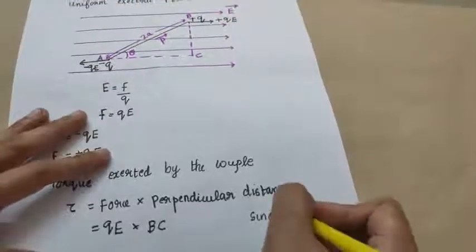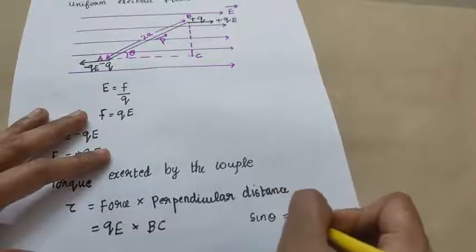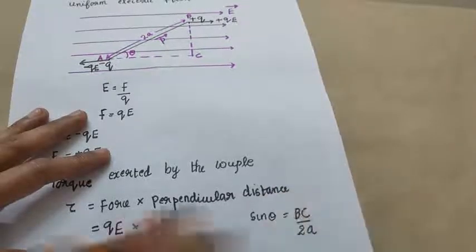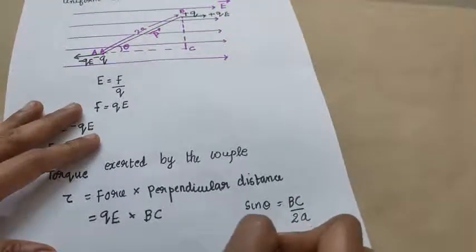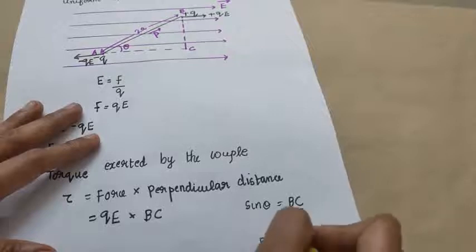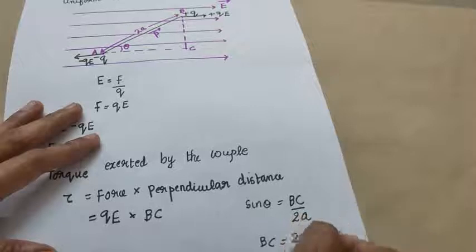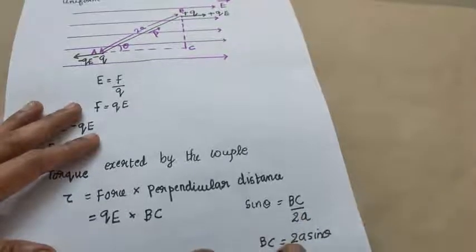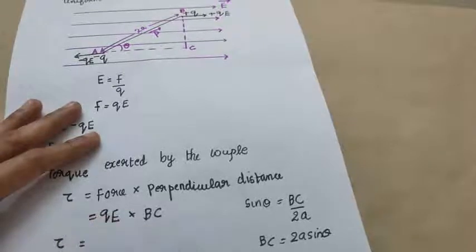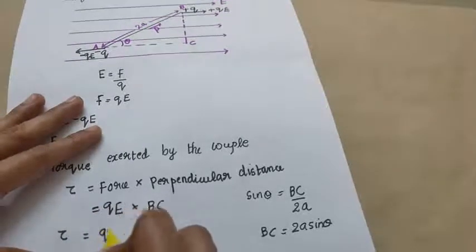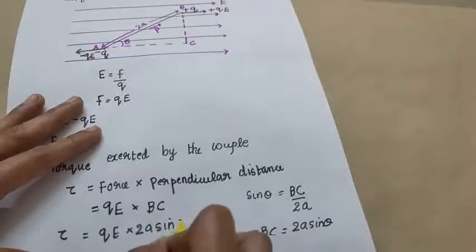So sine theta is equal to BC by hypotenuse, that is 2A. Therefore, perpendicular distance BC is equal to 2A sine theta. And let us write down this 2A sine theta here. So torque tau is equal to QE into 2A sine theta.